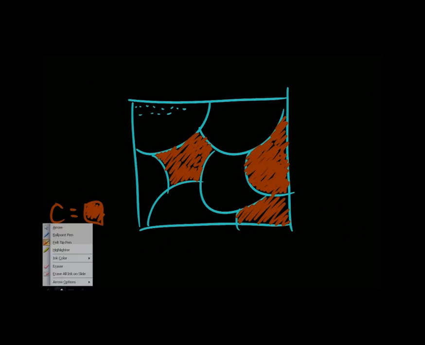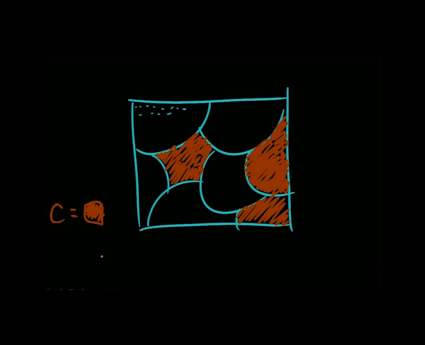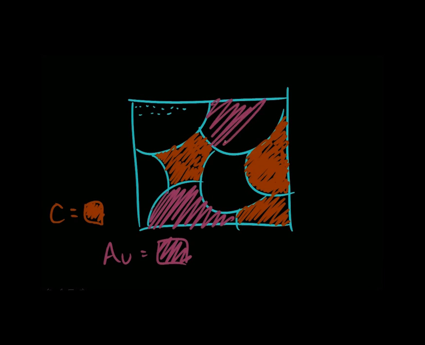And then if you said, let's say this is our last sample, which was carbon and gold, and you said, I want gold to be this purple color, then everywhere gold was present, you would see this type of shading.